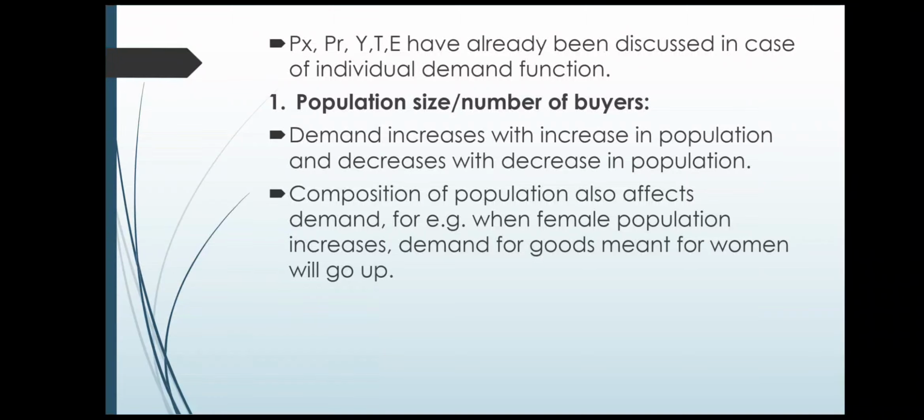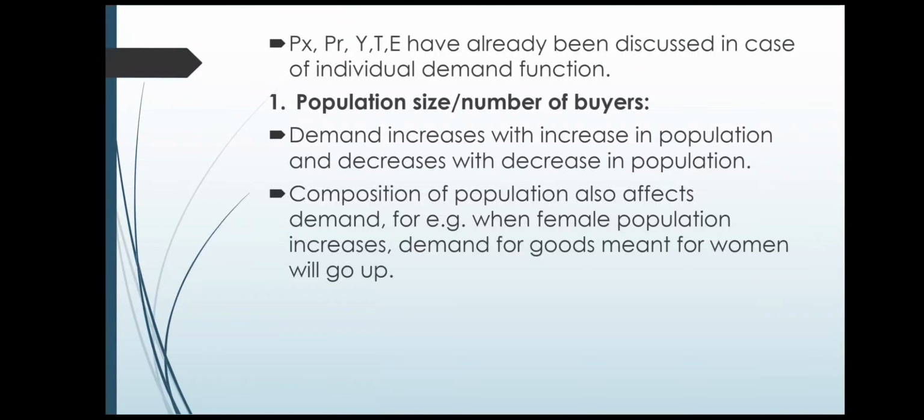Apart from this, there were few new determinants that came in this market demand function, and the first one is population size or the number of buyers. Demand increases with increase in population and decreases with decrease in population. So whenever there will be more number of people, the demand is going to increase, and whenever there is lesser population, demand will also decrease.